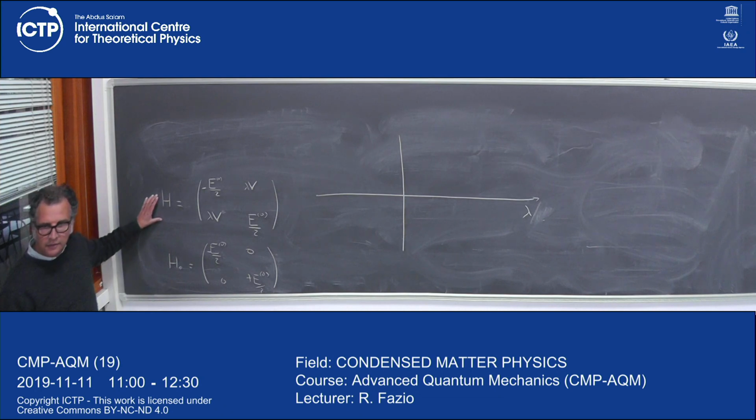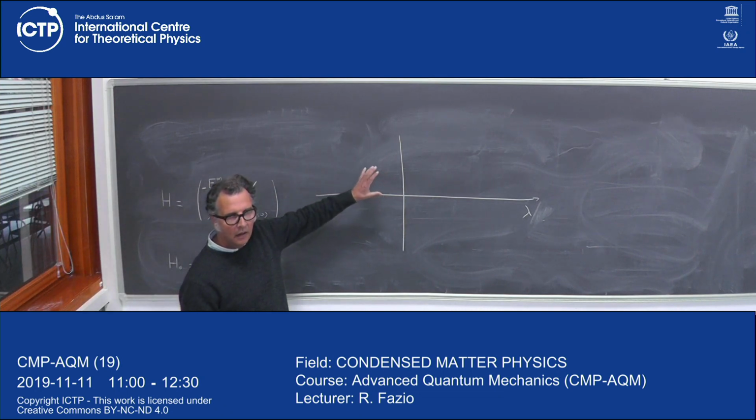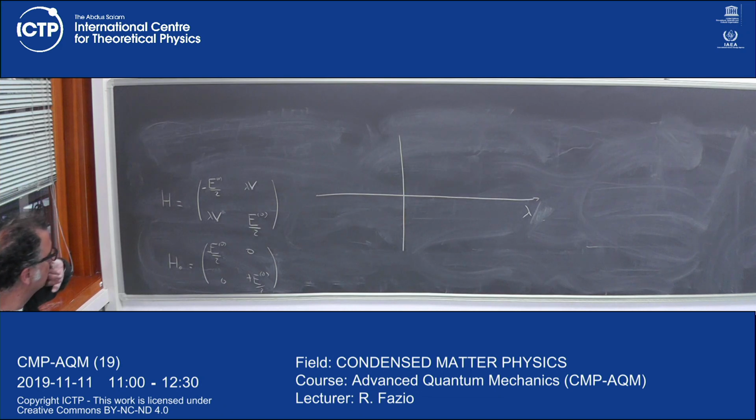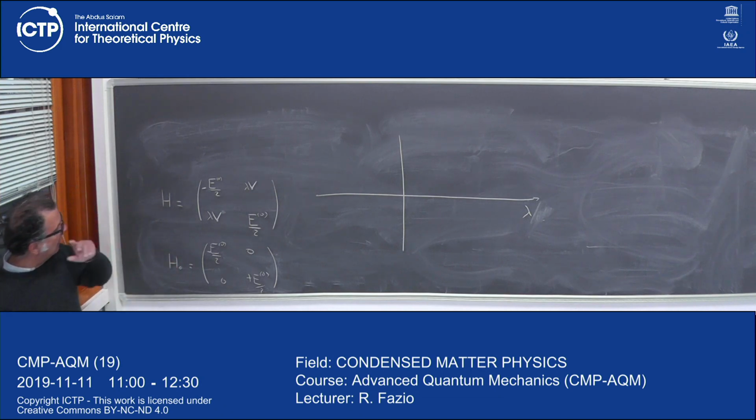This is H0, this is H. You should plot minus lambda v.